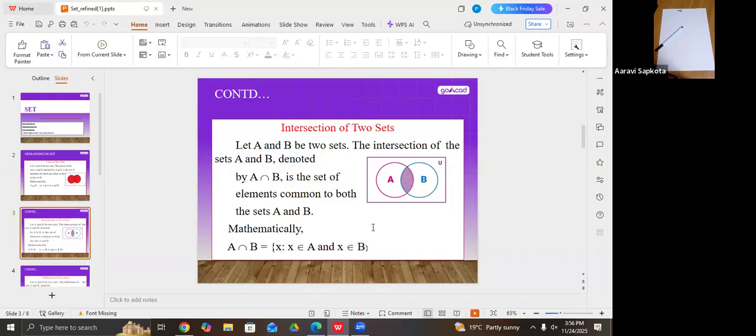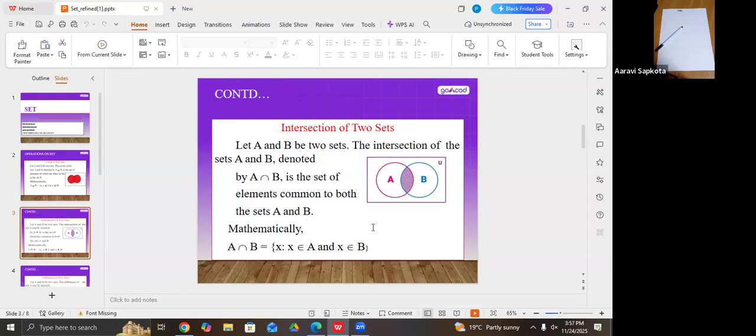If A and B are 2 sets, then the intersection of A and B is the set of elements which are common to both A and B. That is, A intersection B is the set defined by X such that X belongs to A and X belongs to B. So what difference do you find in the union and intersection? In union, we take the elements of A, B, and both. But in case of intersection, we take the elements of both A and B only.